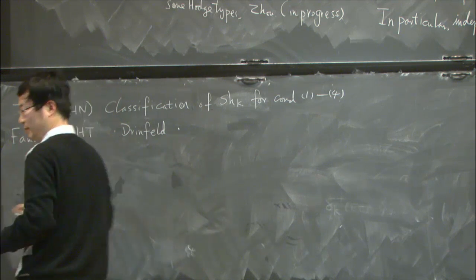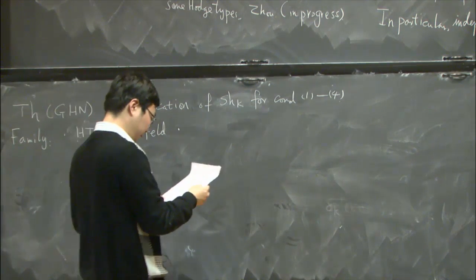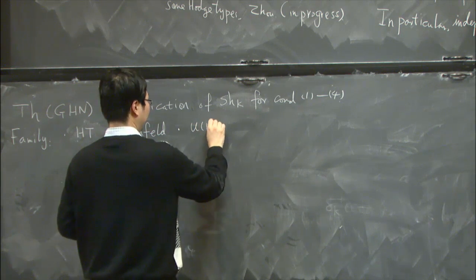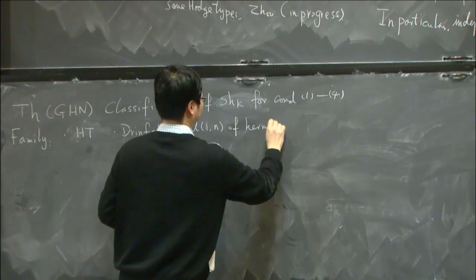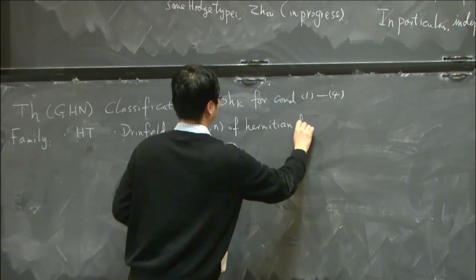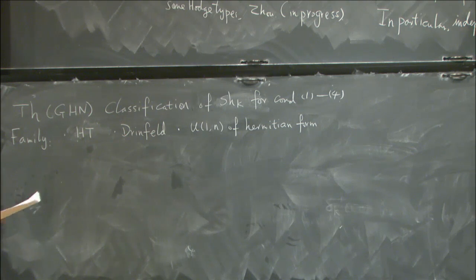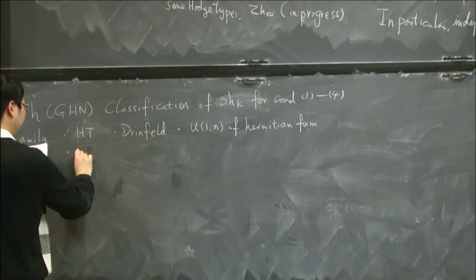And also, we have the U(1,n) of Hermitian form. So this includes both the unramified and ramified. And we'll have the Hilbert-Blumenthal.